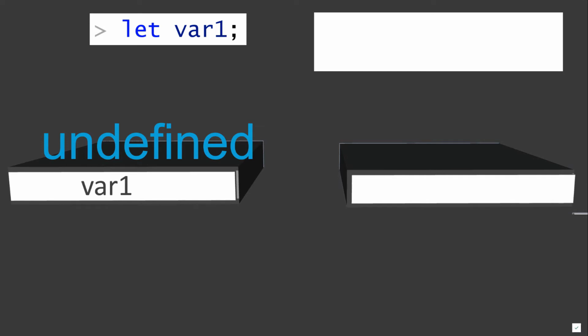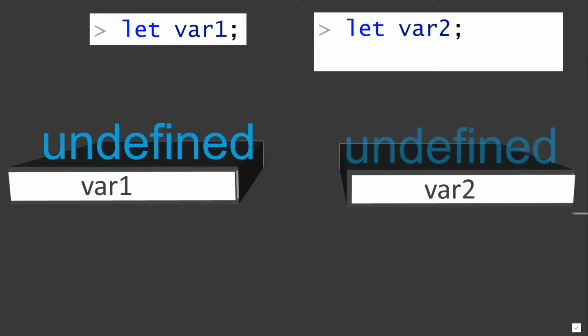Undefined would go there by default. If we have a second line of code, let var2, exactly the same thing would happen. We would define a place in memory, the address that corresponds to the var2 identifier, and then we would place undefined there. Placement of undefined in both cases is done by default in the background by the JavaScript engine.